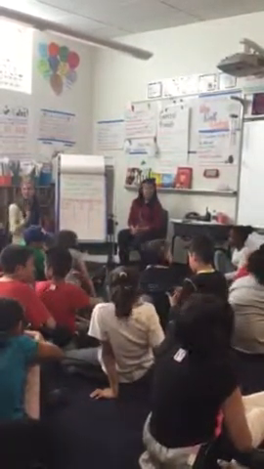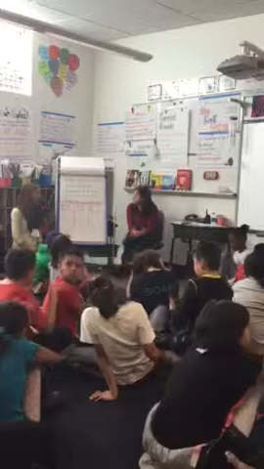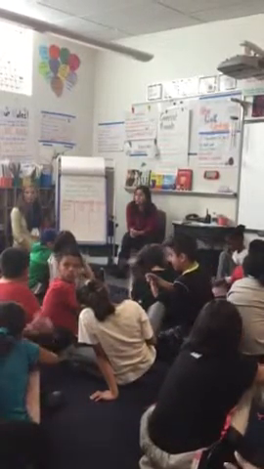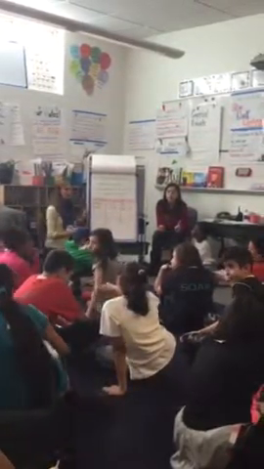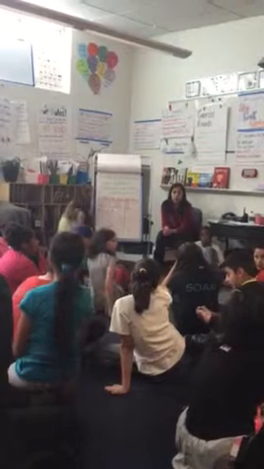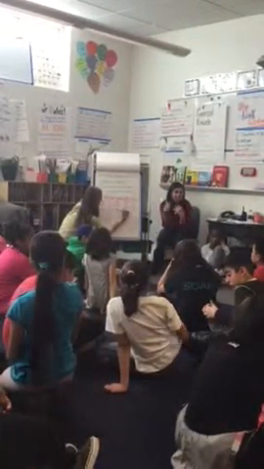Ooh, I see some silent signals. That's great. All right. Eric, what's another coin that we don't have yet? Hold on, I couldn't quite hear you. Could you say that again? Ada, how much is a dime worth? 10 what? $10? No, 10 cents. Oh, 10 cents.